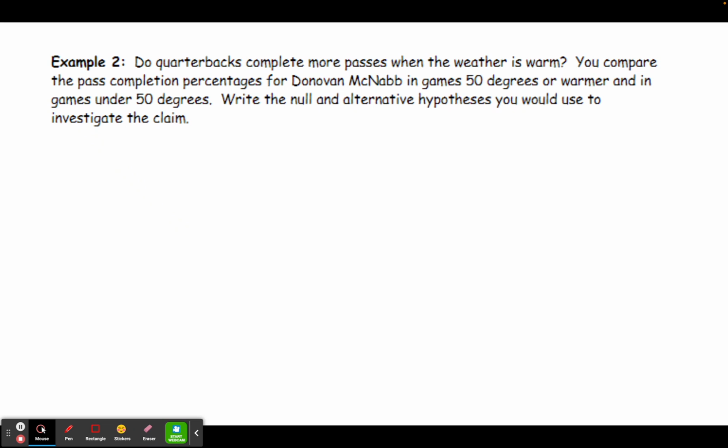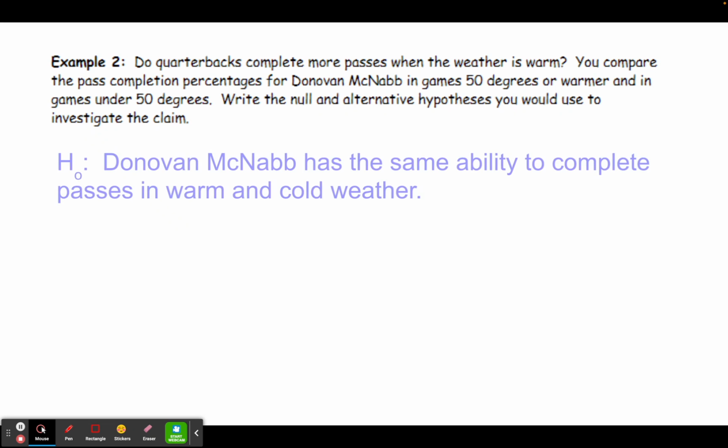So, our null, again, would be that he has the same ability in both contexts. What we're looking at his ability to do is to complete passes. So, our null hypothesis would be Donovan McNabb has the same ability to complete passes in warm and cold weather. Please be sure again that you're using the word ability and that you are specific about what you are talking about his ability to do.